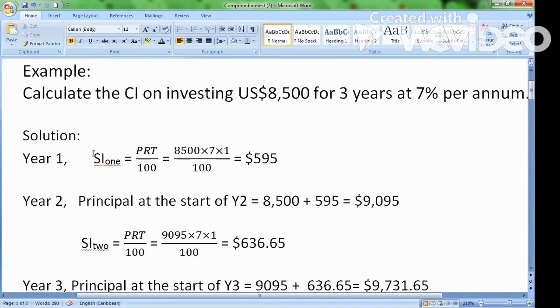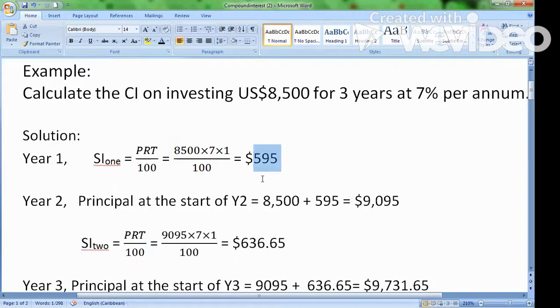So for year one, the principal is 8,500, the rate is 7, and we divide by 100. And it's year one, so we don't put 3 right here. So what's the number of years? What do you put there? 1. Right. And when you work it out, you get 595.